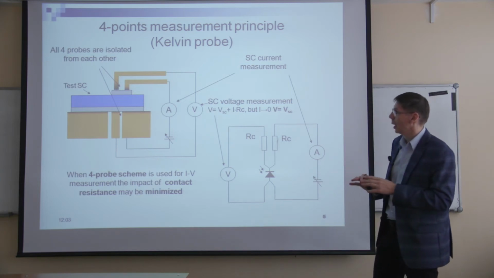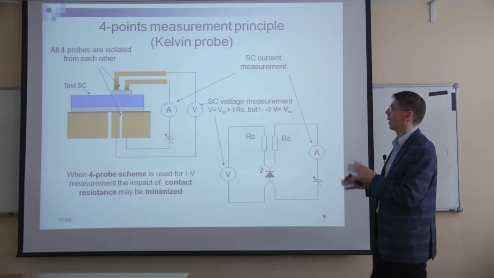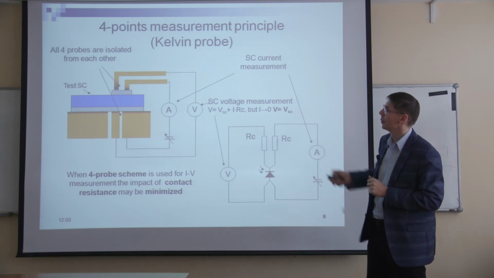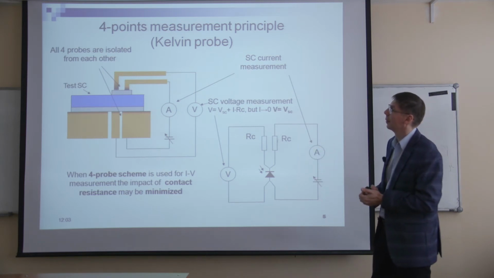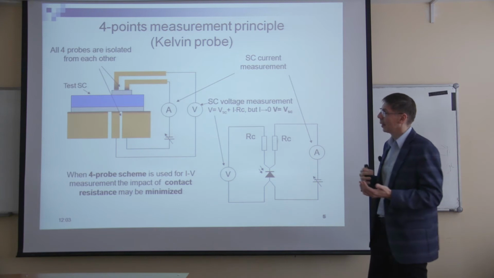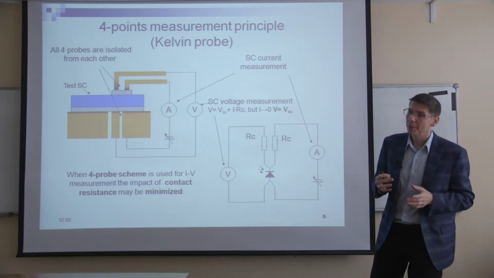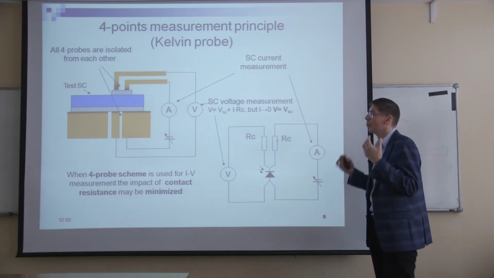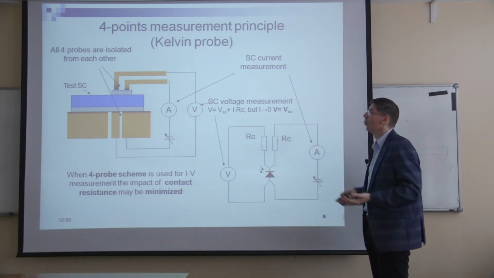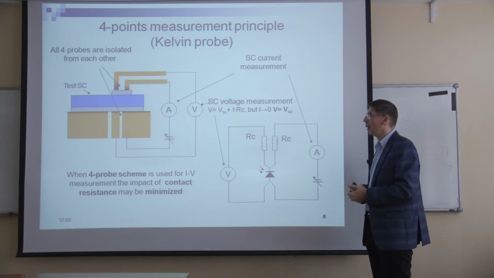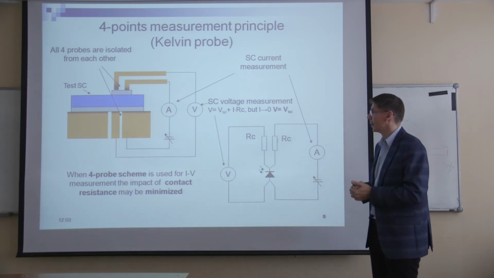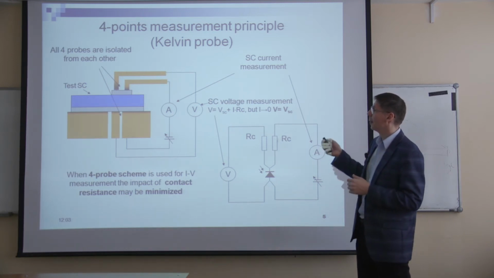But you should be careful with this kind of measurement using a 4-point connection, because normally, when people want to measure an IV curve, you prepare your program or you use another software already prepared.